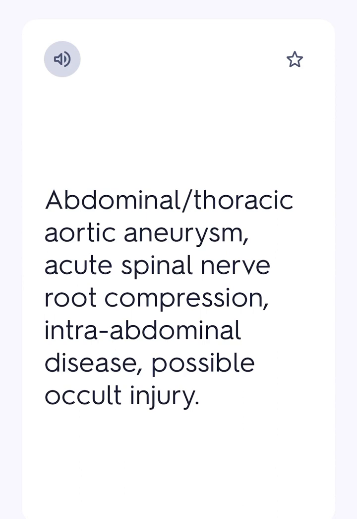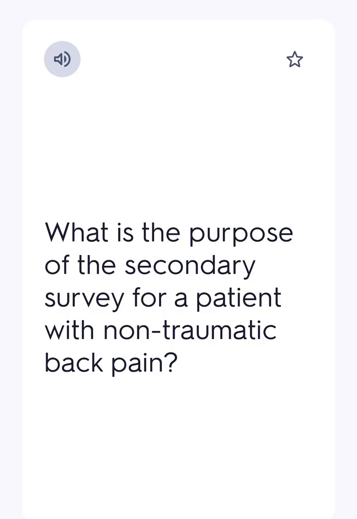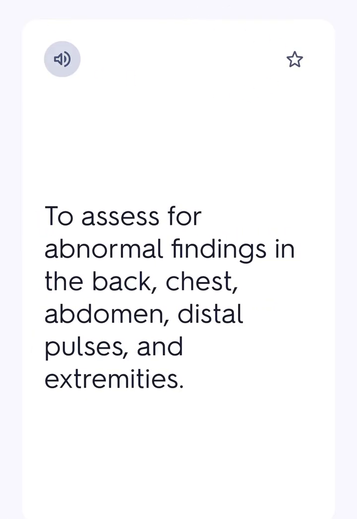Abdominal/thoracic aortic aneurysm, acute spinal nerve root compression, intra-abdominal disease, possible occult injury. What is the purpose of the secondary survey for a patient with non-traumatic back pain? To assess for abnormal findings in the back, chest, abdomen, distal pulses, and extremities.